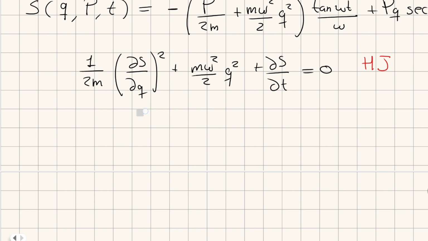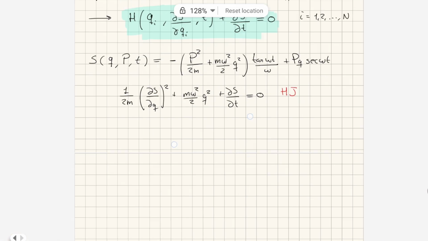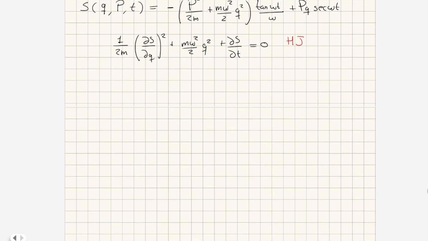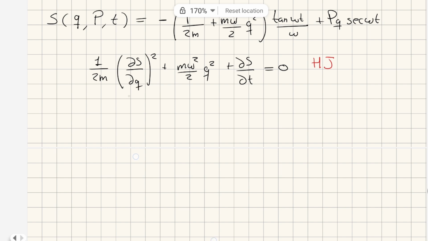So we are just switching the p by this partial derivative of s to get the Hamilton-Jacobi equation, just adding this partial of s with respect to time. So we are going to see that this s that represented the generating function is a solution of the Hamilton-Jacobi equation.